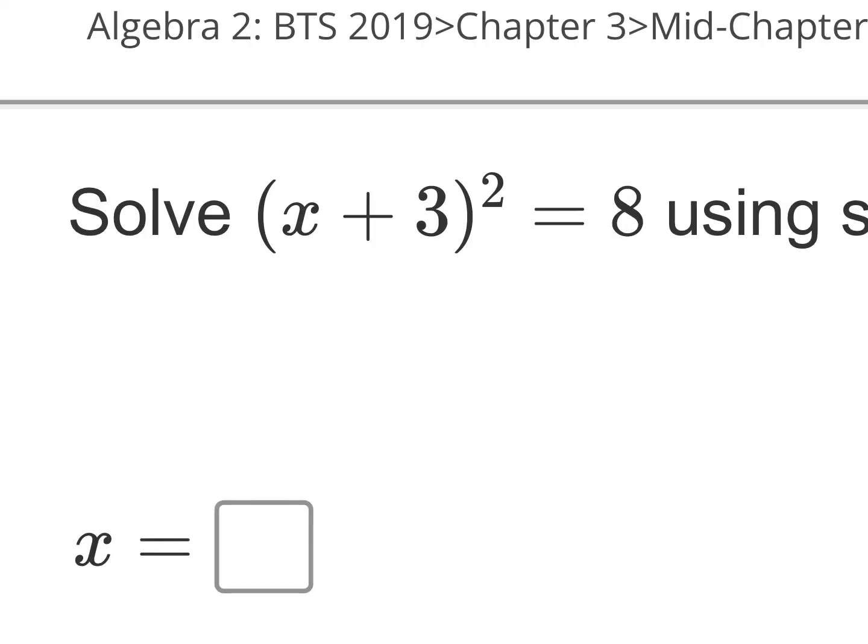We factor when it's x squared plus x. Here, it's just x plus 3 squared, so we don't factor. So solve using square roots here. What do I need to do first?